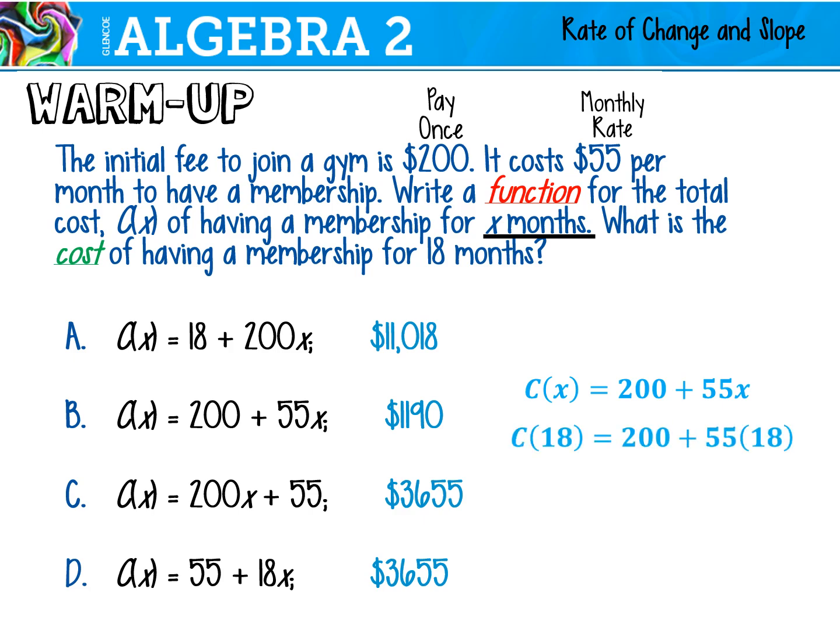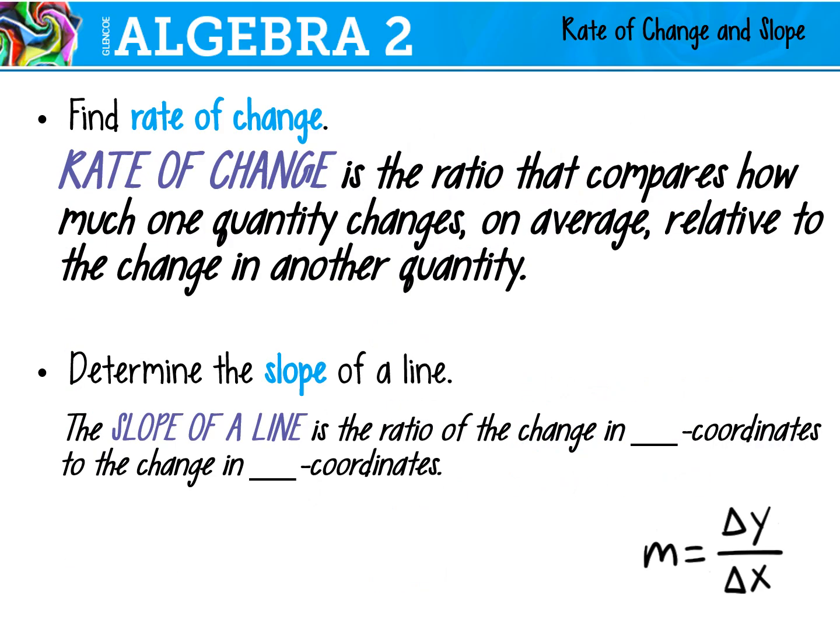So plug in 18 in place of X and calculate. And we get option B. Cost to have the membership for X months is 200 plus 55X, and for the 18 months, it is $1,190. Yikes!